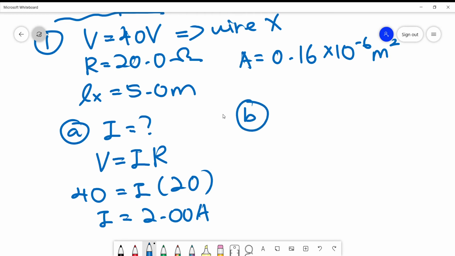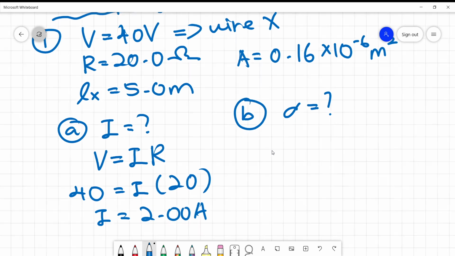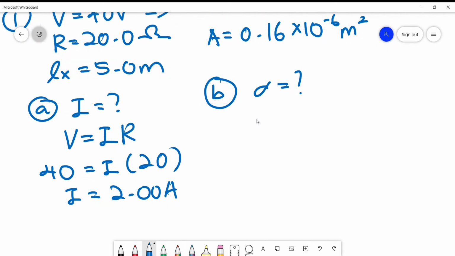For the second question, the question is asking for the conductivity of the wire. What we need to do is think about which formula involves the conductivity. From the basics, we know that resistivity is the reciprocal of the conductivity.